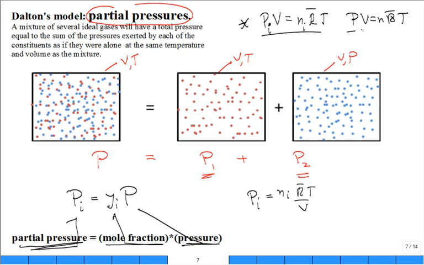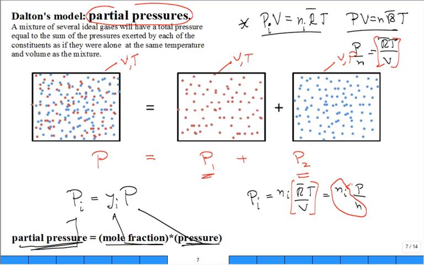And then you use this equation and you say, what is R bar T over V? That's equal to P over N. Is that true? So I can come down here and say this R bar T over V can be replaced by, I got Ni, I got P over N. Hey, what is this Ni divided by N?